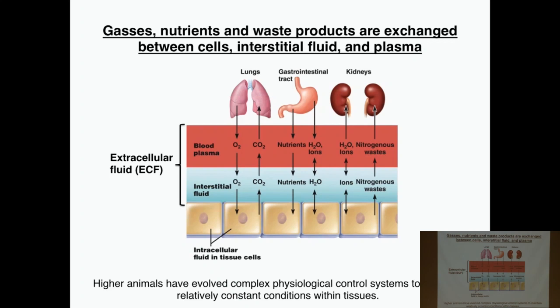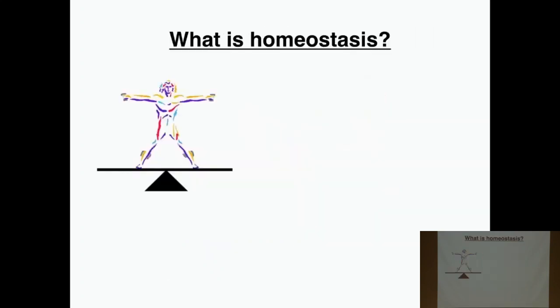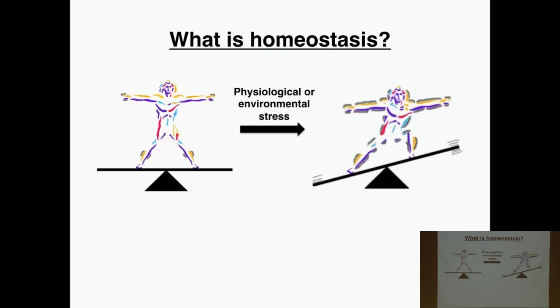Higher animals, such as humans, have evolved very complex physiological control systems to maintain those relatively constant internal conditions. These physiological control systems all fall under the banner of systems responsible for maintaining what we call homeostasis. So what is homeostasis? Well, it's a balancing act.